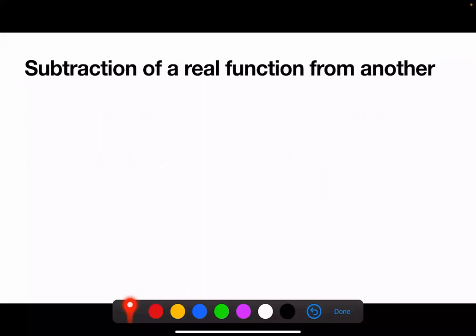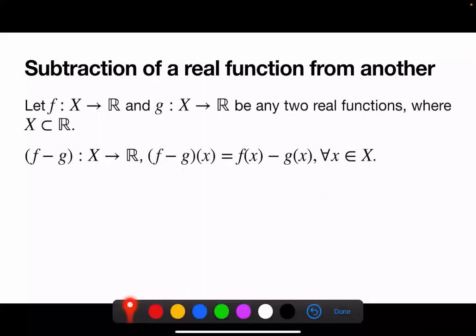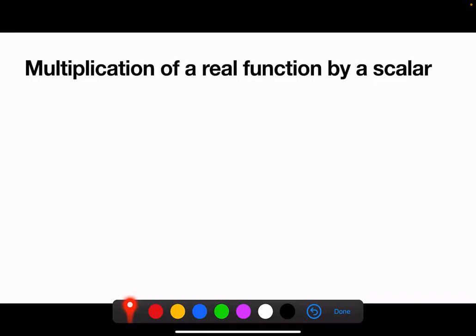Similarly, subtraction of a real function from another function. Same thing. If you have f minus g of x, you can do f of x first, then g of x, and then subtract. And multiplication of a real function by a scalar. This is again a simple thing.